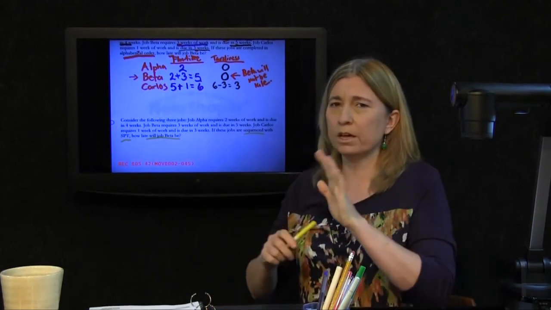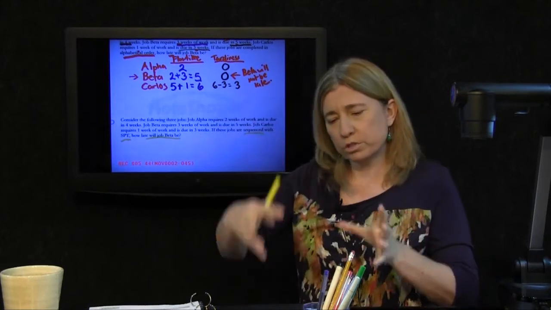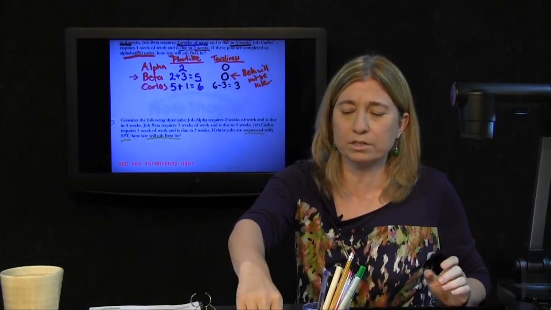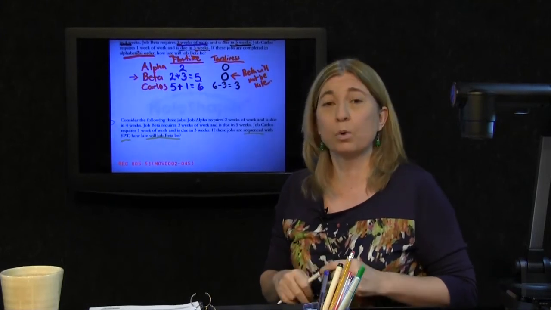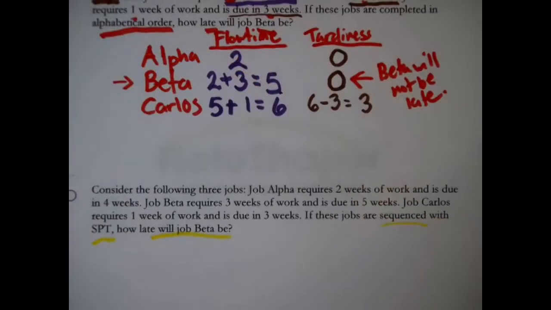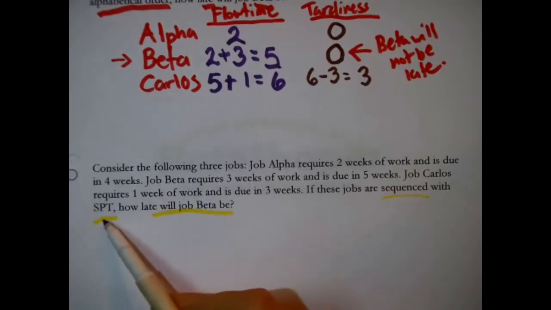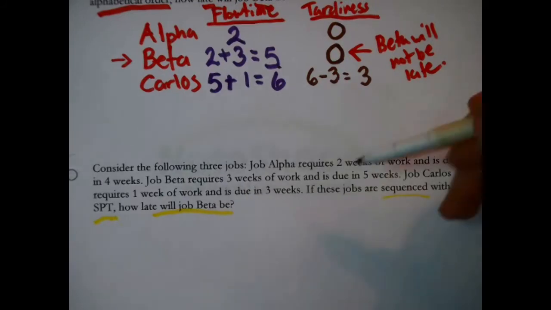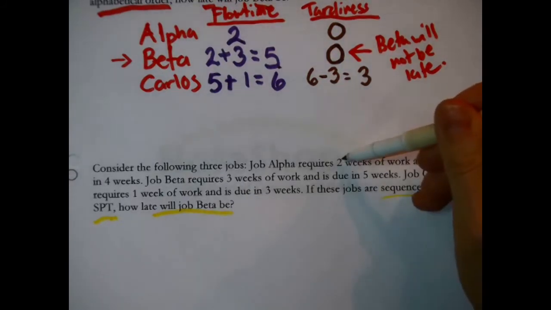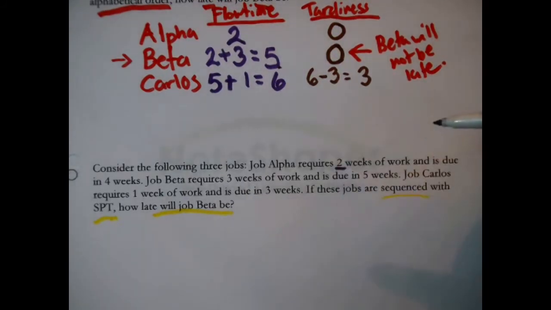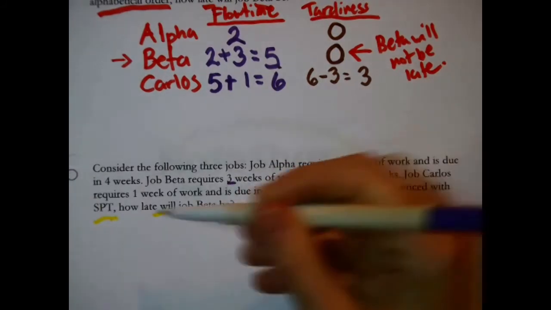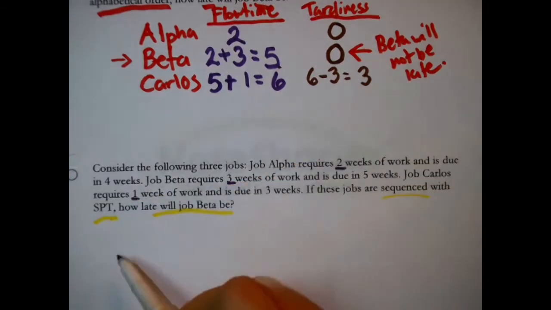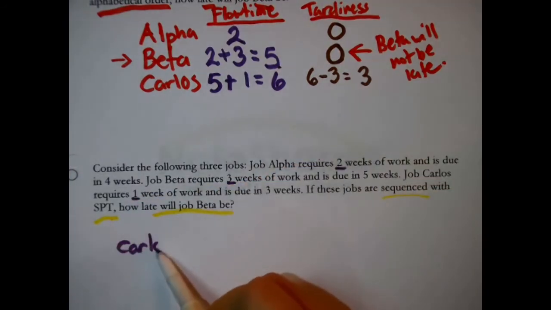But what's different here is the sequence. It says if they sequence the whole set of work in terms of shortest processing time, we need to go through the same steps. The first step is establish what that sequence would be. If you're using SPT, shortest processing time, then you check how long each job requires for processing, 2 for alpha, 3 for beta, and Carlos requires 1, and you schedule the smallest one first.